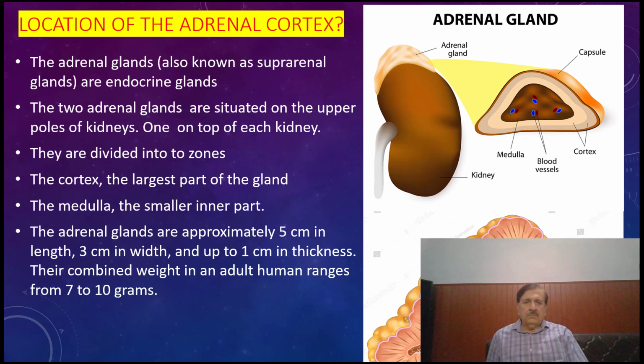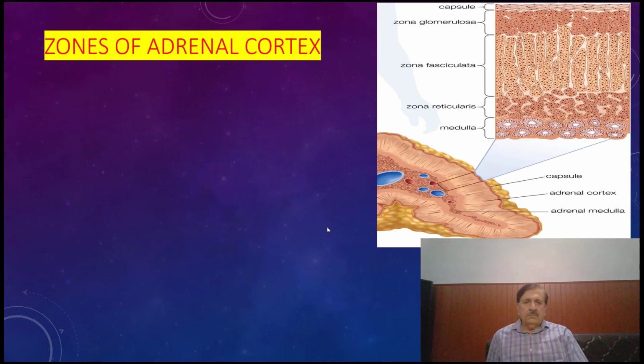Their combined weight in an adult human ranges from 7 to 10 grams. The glands are yellowish in color, as you can see here.